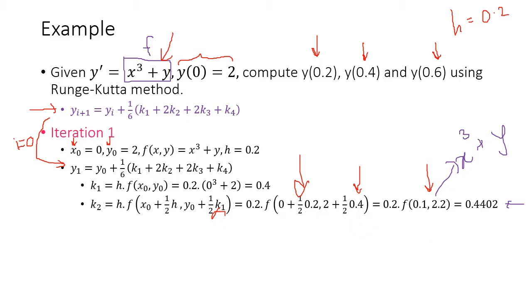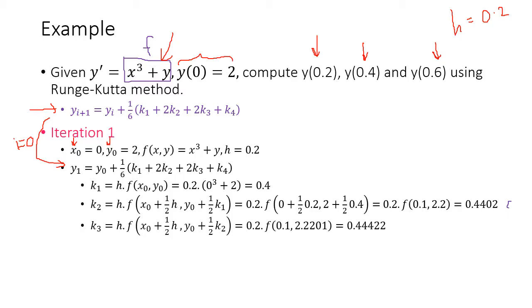Okay. So similarly, the value of k3 comes out to be 0.44422 and k4 comes out to be 0.490444. You can just pause the video and do the calculations on your own.